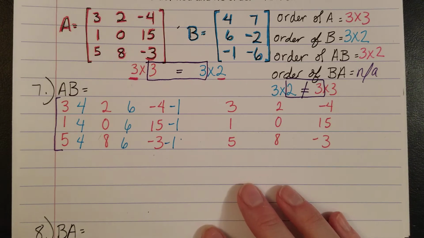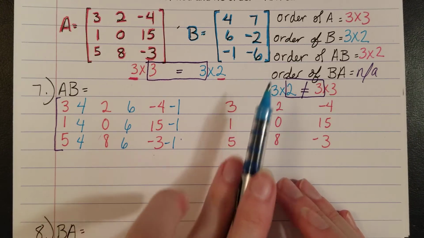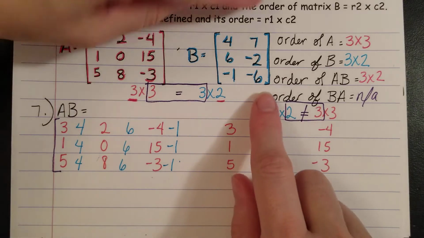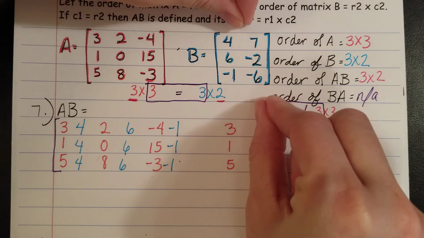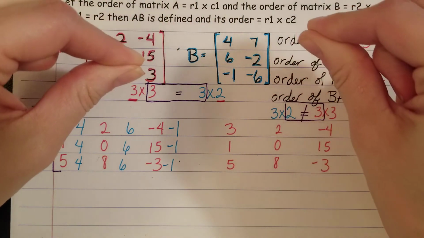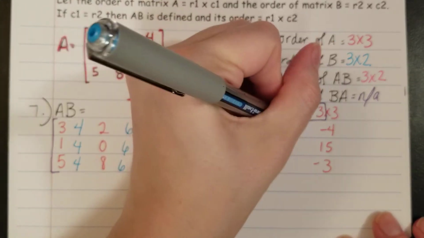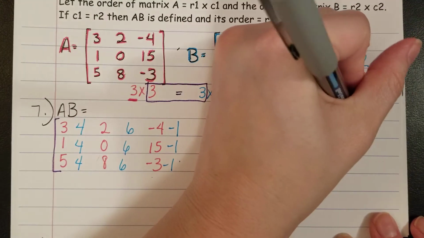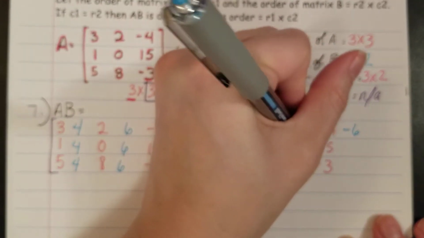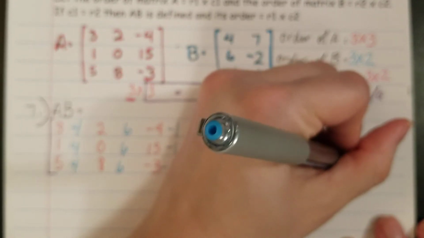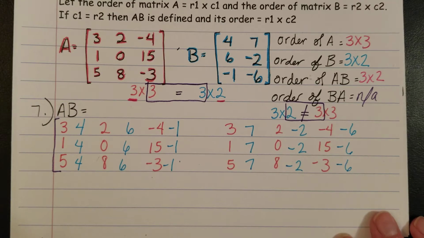Then I'm going to take the second column and do the same thing, turning it like this. So it's going to be 7, -2, -6, 7, -2, -6, 7, -2, -6.